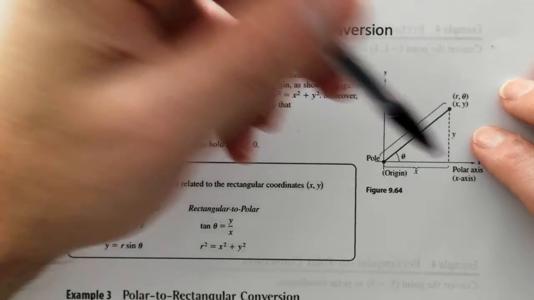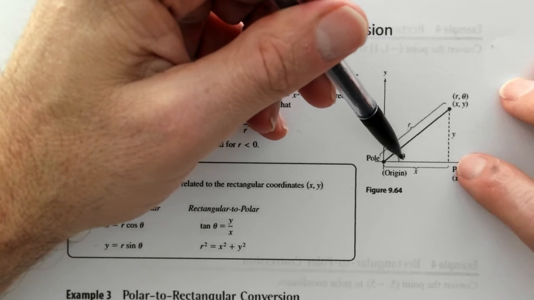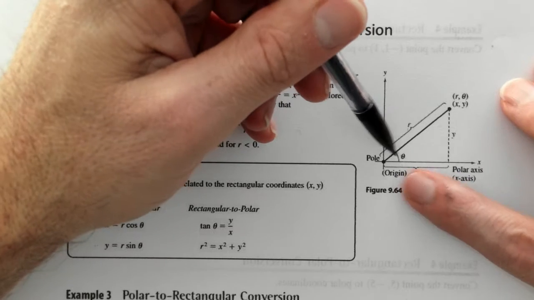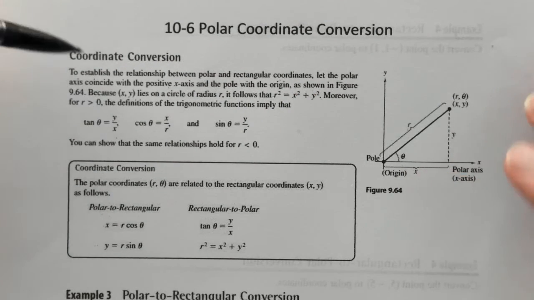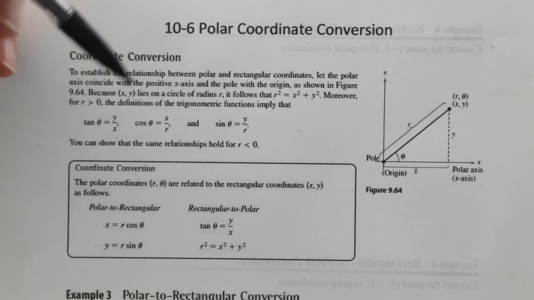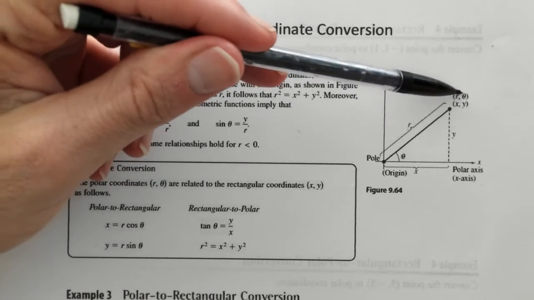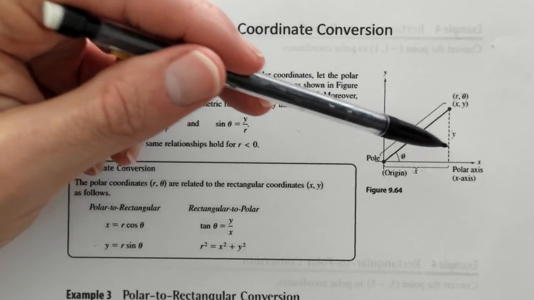But what about the angle theta? When I'm looking at my angle theta, we should be able to recognize that in this right triangle the tangent of this angle is equal to y over x. That's how these two are related to the regular rectangular coordinates.